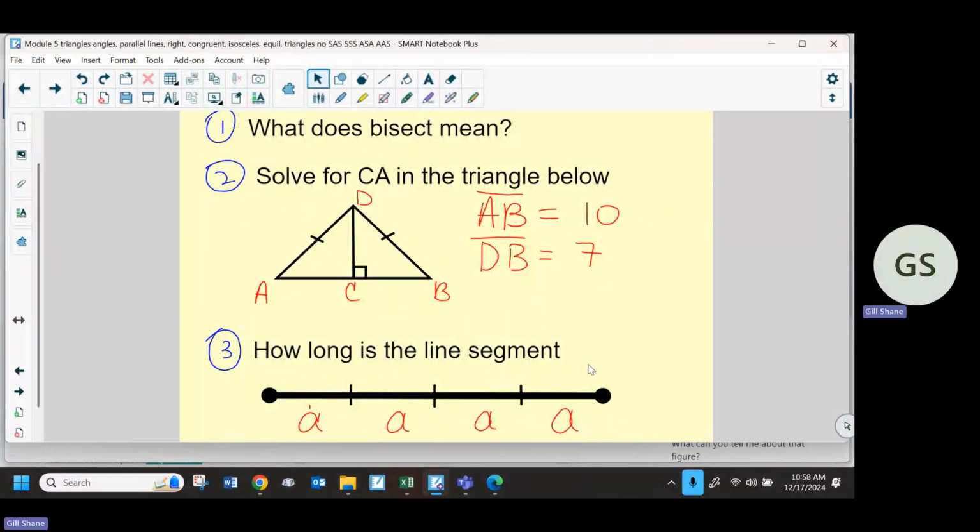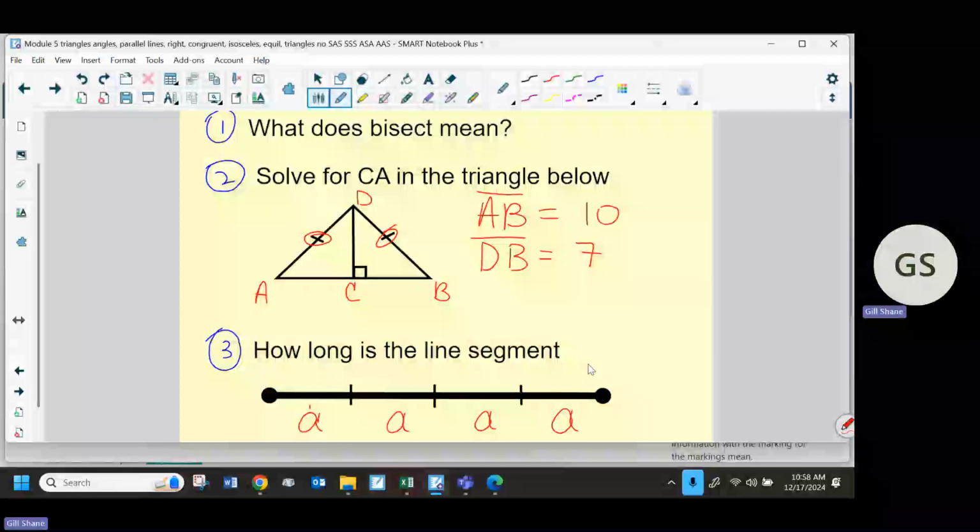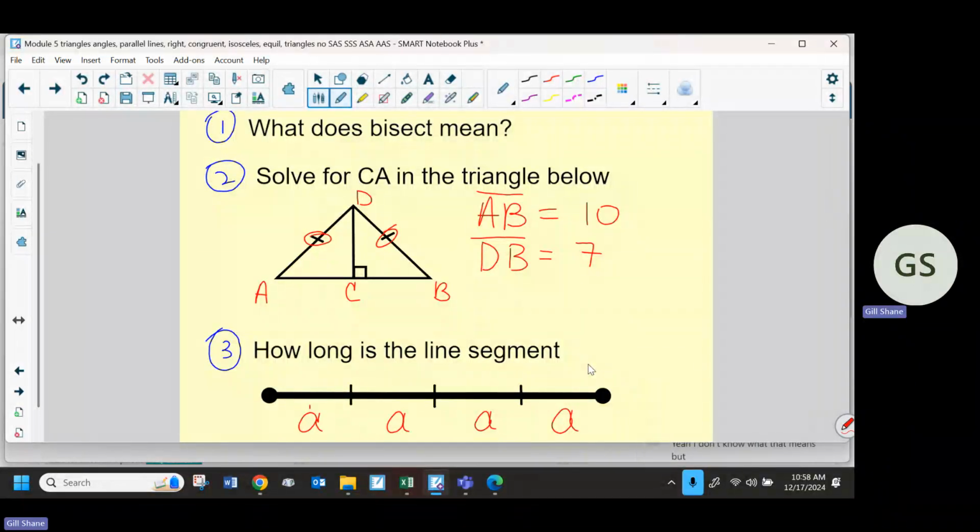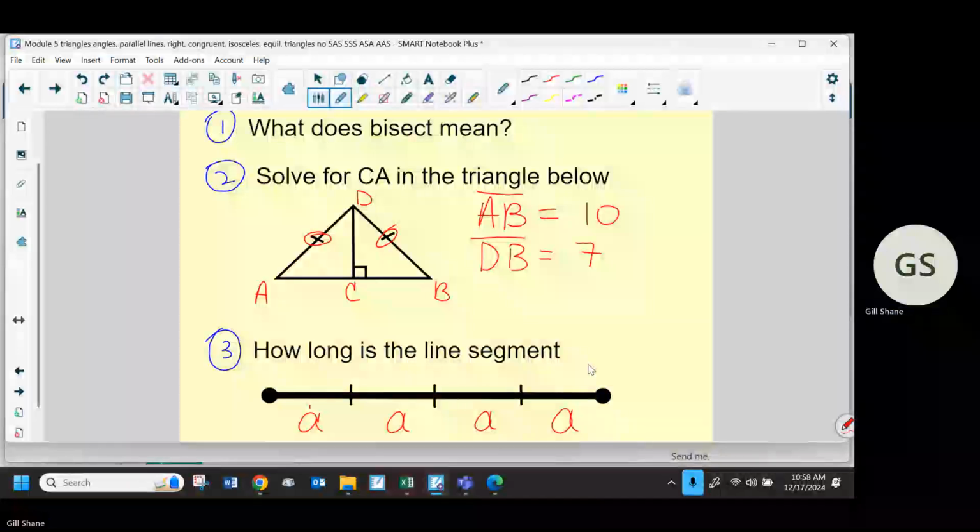It gave us some information with the markings. You got to know what those markings mean.